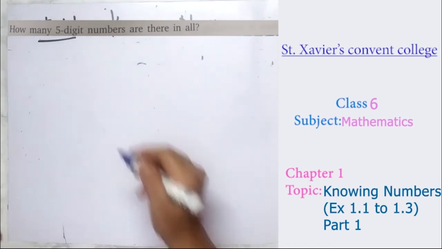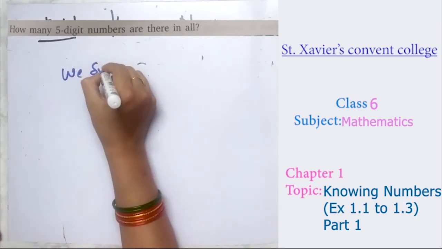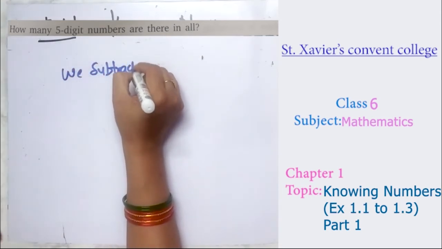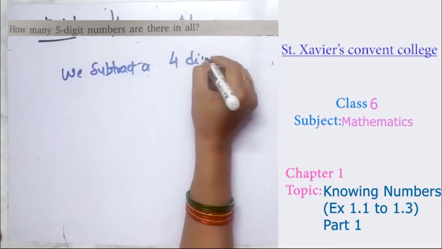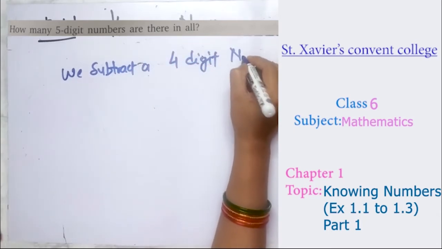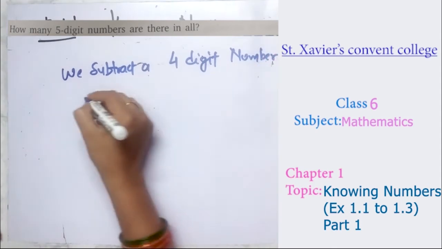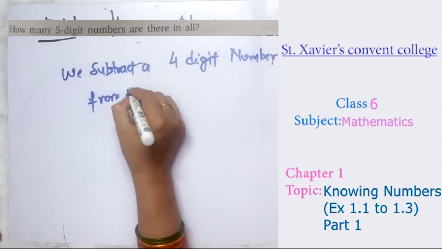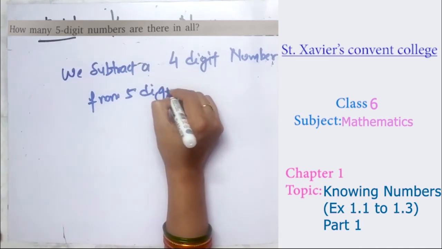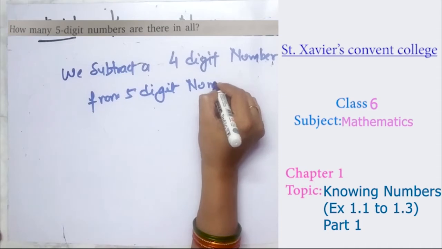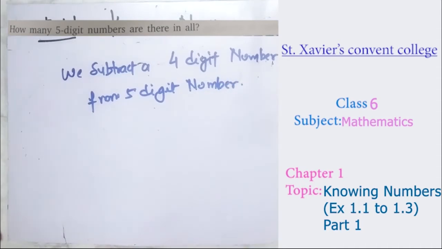To solve this question, we have to subtract a 4 digit number from the 5 digit number.